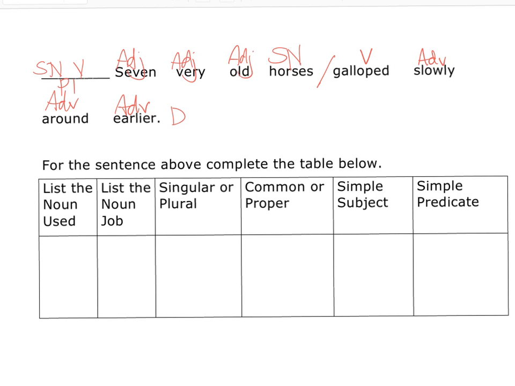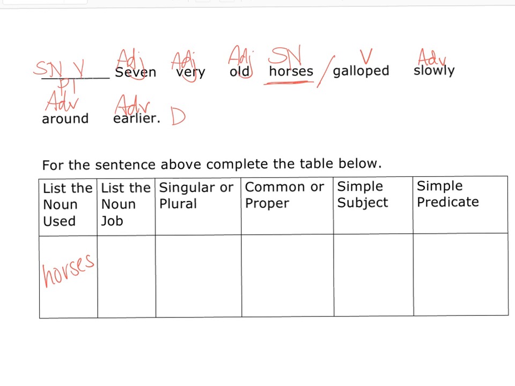So we're going to look at our sentence and decide which of these words is an actual noun. The noun that we actually have in our sentence is the word horses. So underneath the column where it says noun used, I am going to write the word horses.